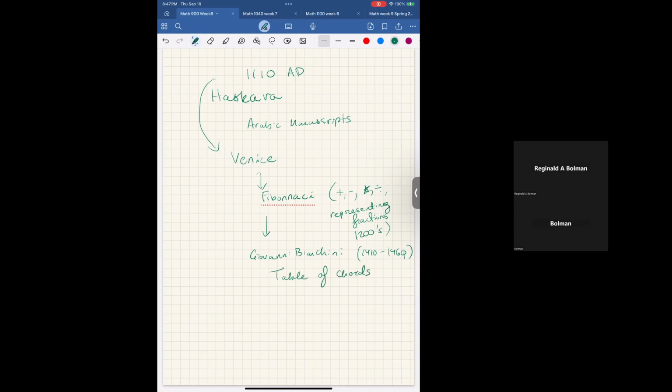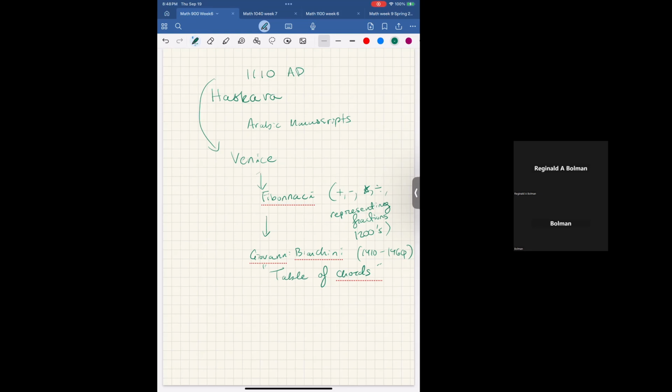And this table of chords is essentially a compilation of astronomical observations that have been converted into base 10, whereas prior to that point, it turns out that most astronomical observations were mostly recorded using Greek radian measurements, if you will.